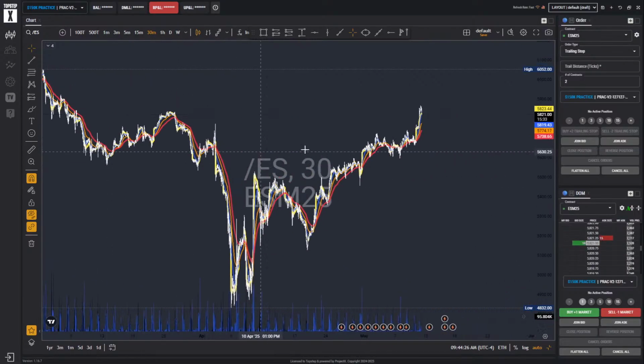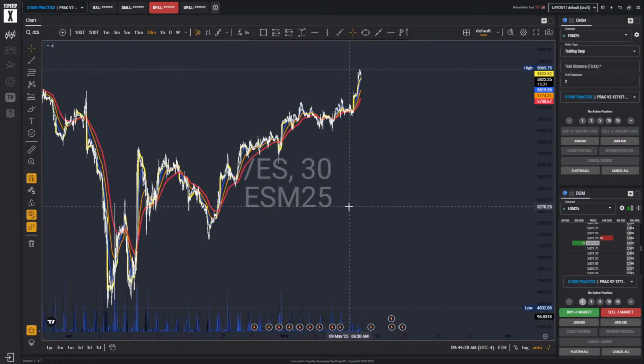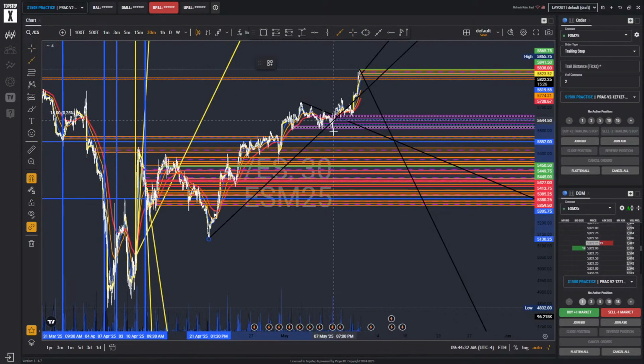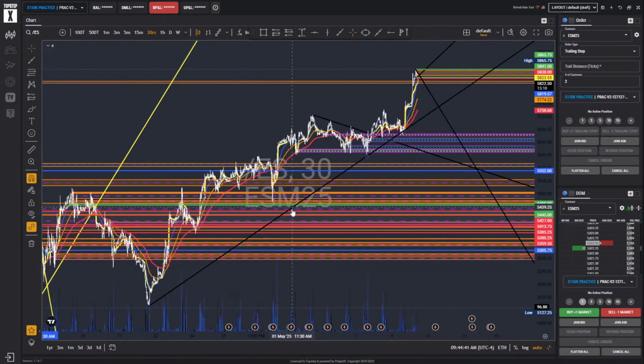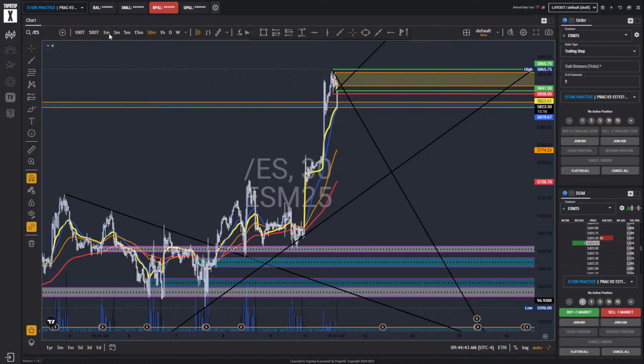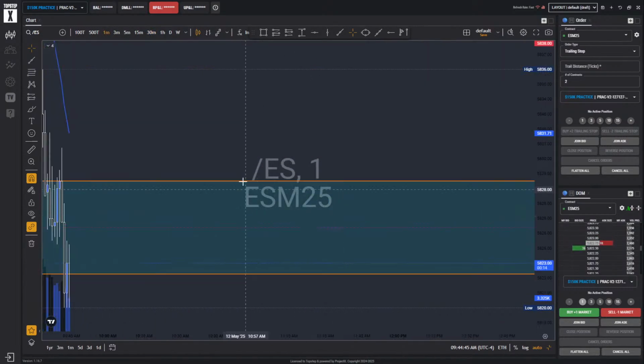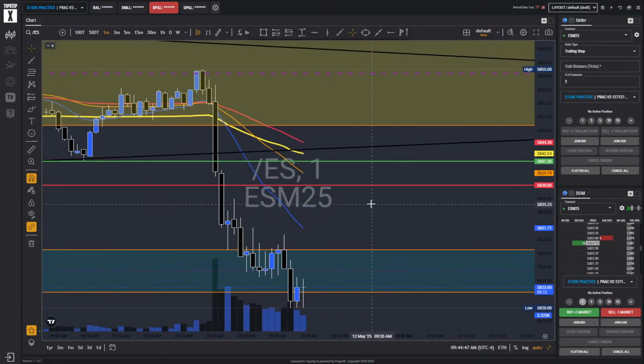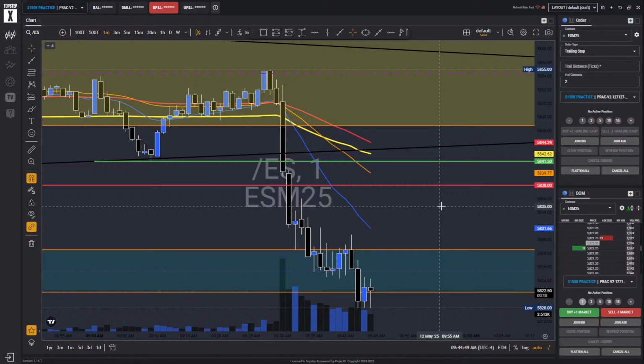My computer's freezing over there, so we're not going to go that way any further. Let's try marking up the support lines here, see what we have. Back to 1 minute on today. Market having dumped down significantly on the S&P.